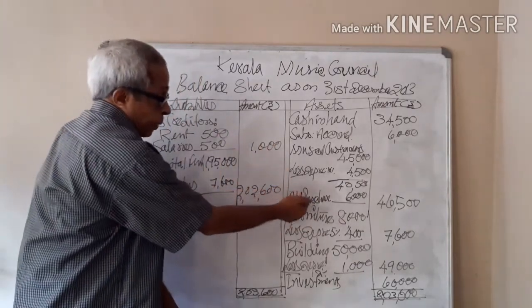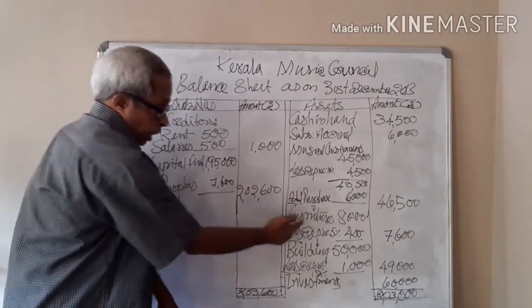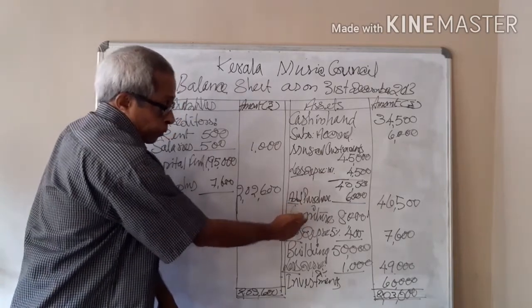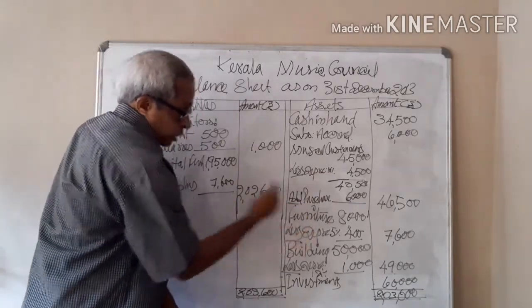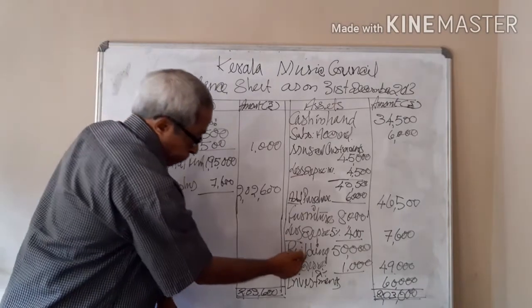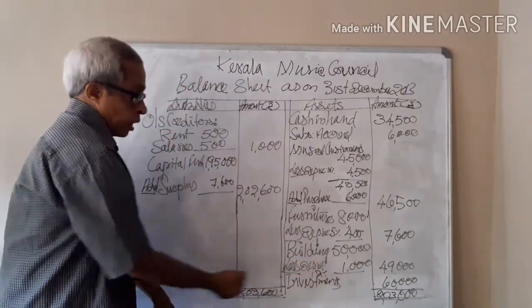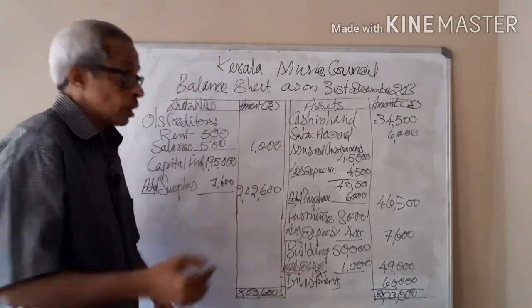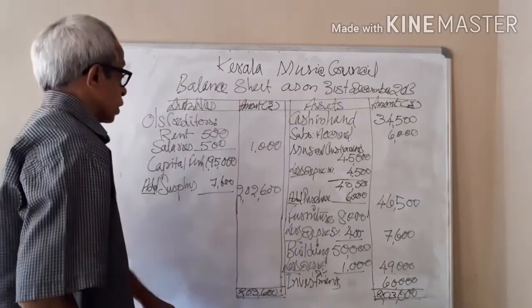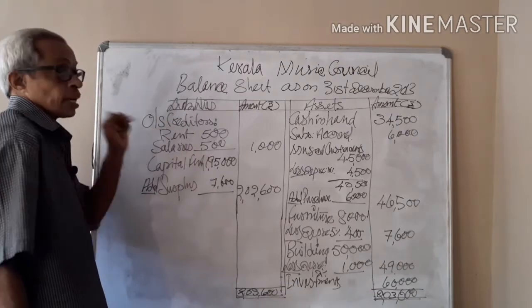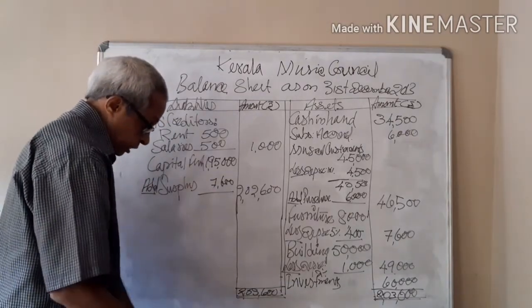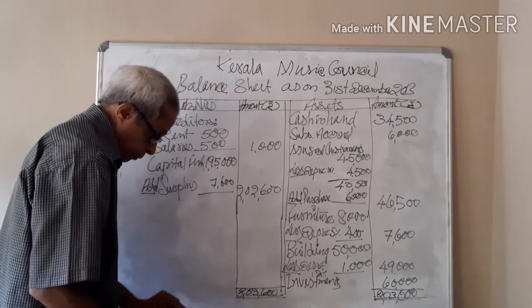We got the purchase of musical instruments. Then furniture, that is from the opening balance sheet. Then we deducted the depreciation. Then building from the opening balance sheet, and we deducted the depreciation figure. And investments, that is also from the opening balance sheet. Then outstanding creditors are also from the opening balance.